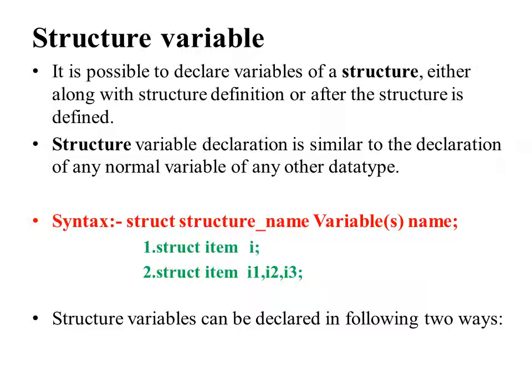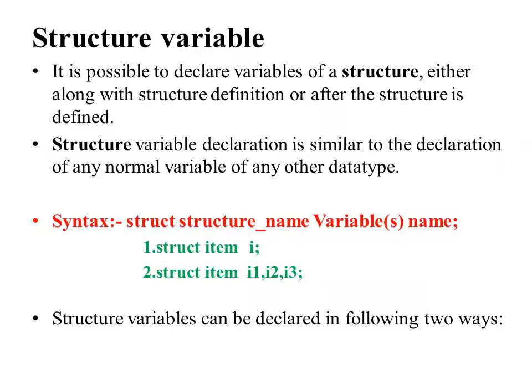So there are three structure variables i1, i2 and i3. These structure variables can be declared in the declaration part of your program. At the start, we know that we have to declare all the necessary data before starting the programming. So whenever we are dealing with structure programming, the structure variables should be declared at the start.